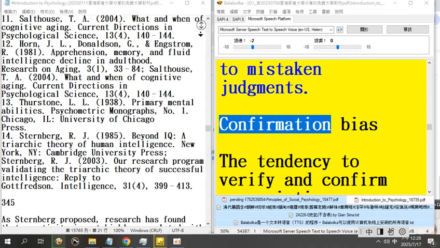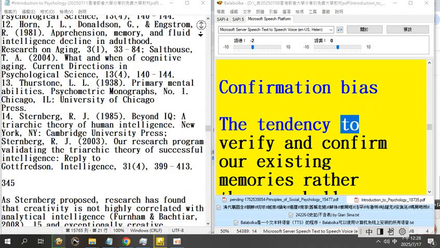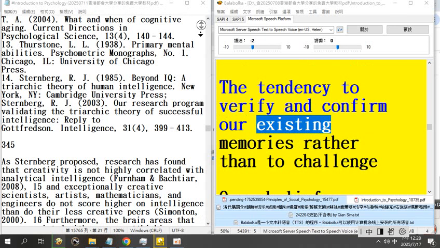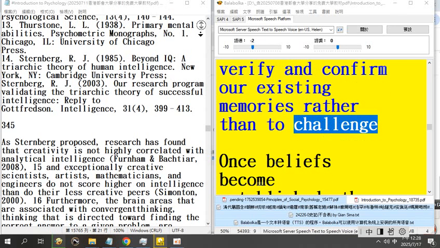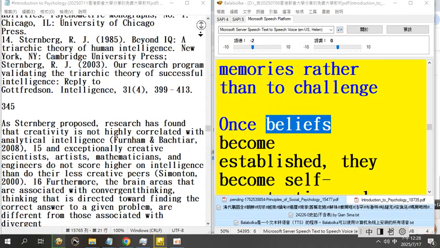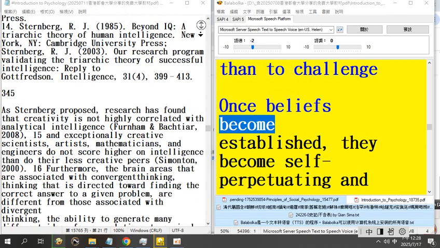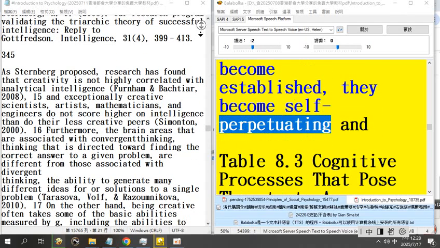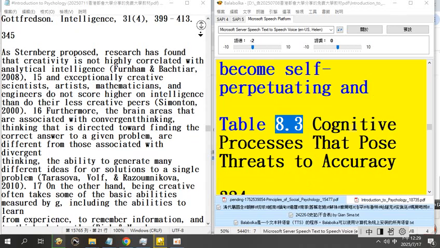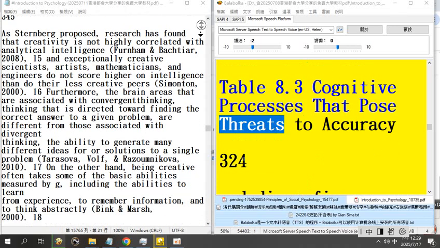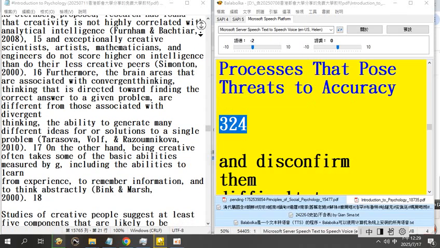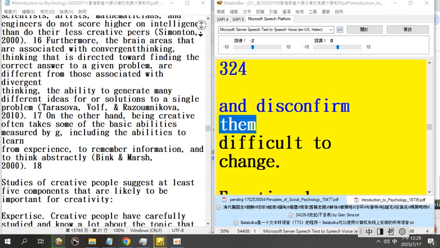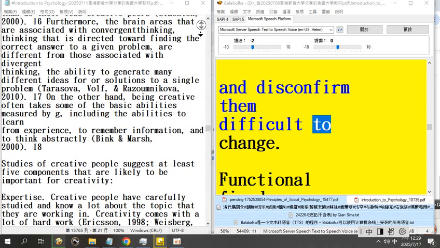Confirmation bias: the tendency to verify and confirm our existing memories rather than to challenge and disconfirm them. Once beliefs become established, they become self-perpetuating and difficult to change. Table 8.3 Cognitive processes that pose threats to accuracy. 324.